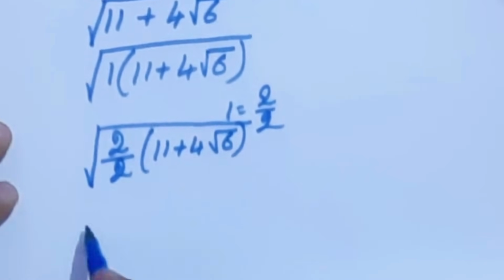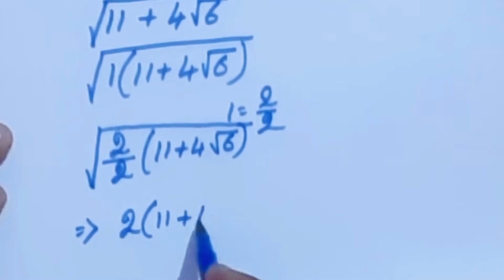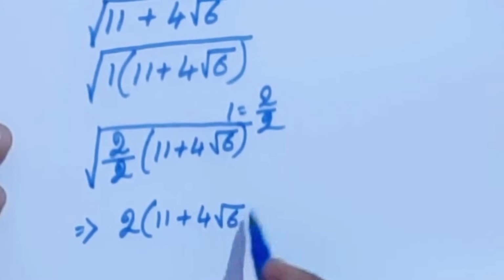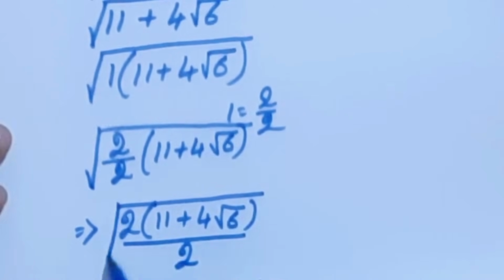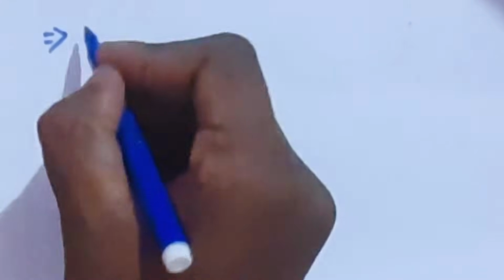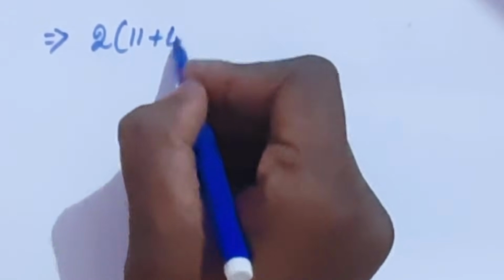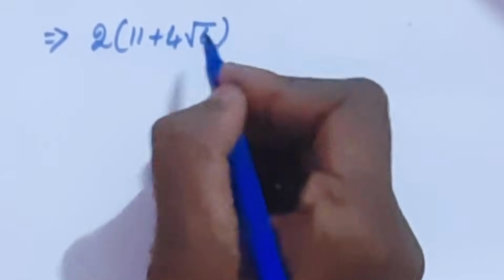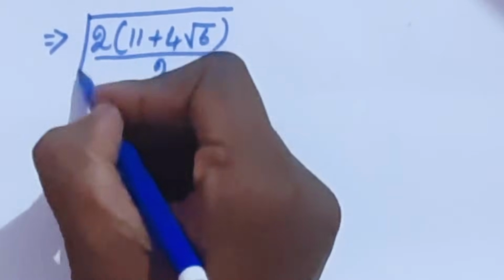Now this can be written as 2 times 11 plus 4 square root of 6, whole divided by 2, in square root.